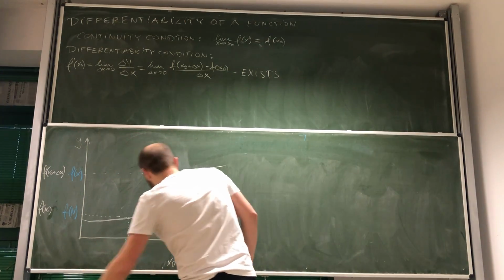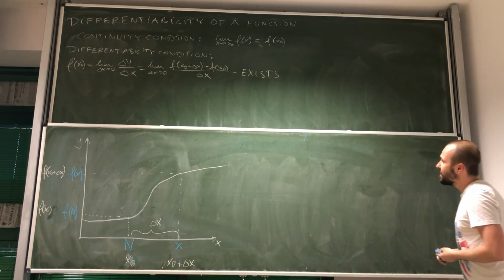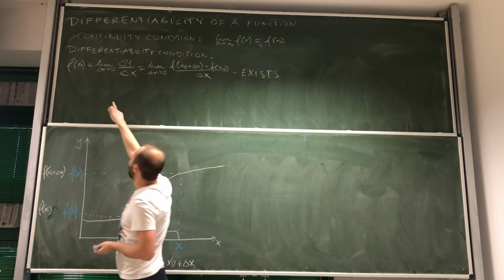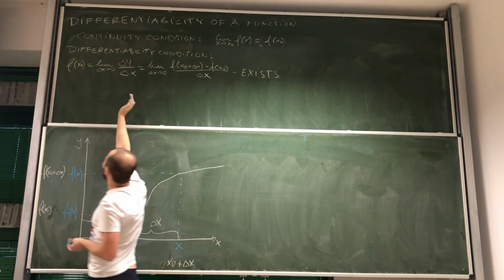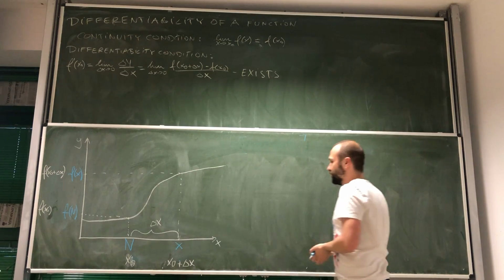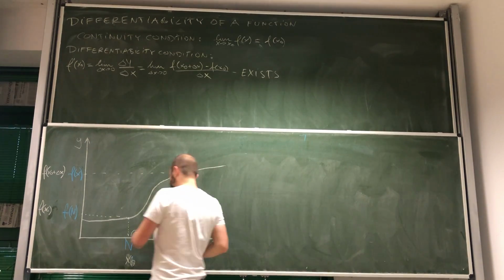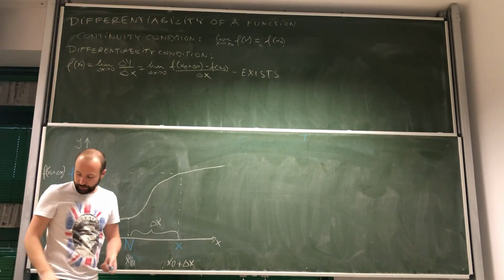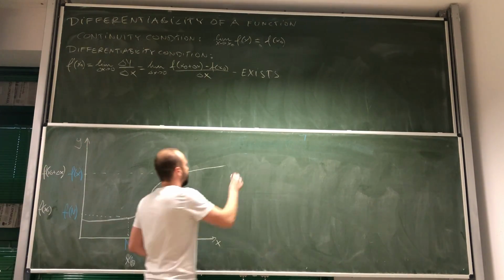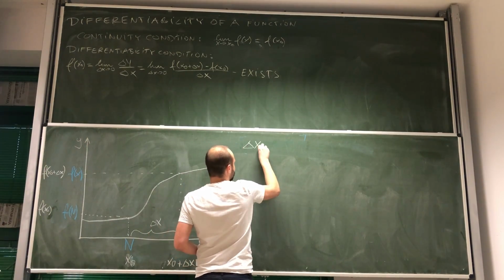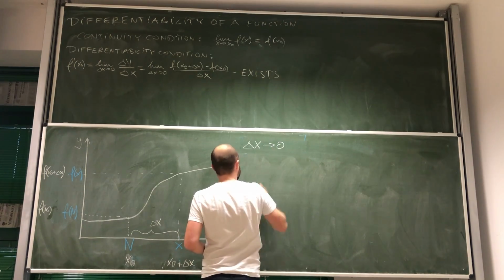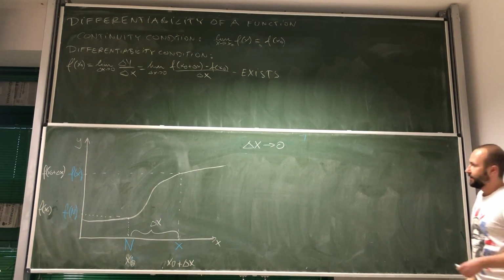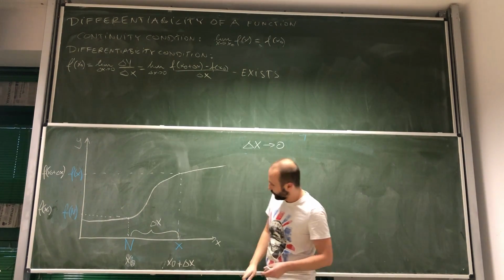Now, when we calculate derivative, right, we want delta x to go to 0. So this distance should be getting smaller and smaller and smaller. So look, in the old notation, we were writing that delta x going to 0. But look, what will we see happening if delta x is going to 0 in new notation?